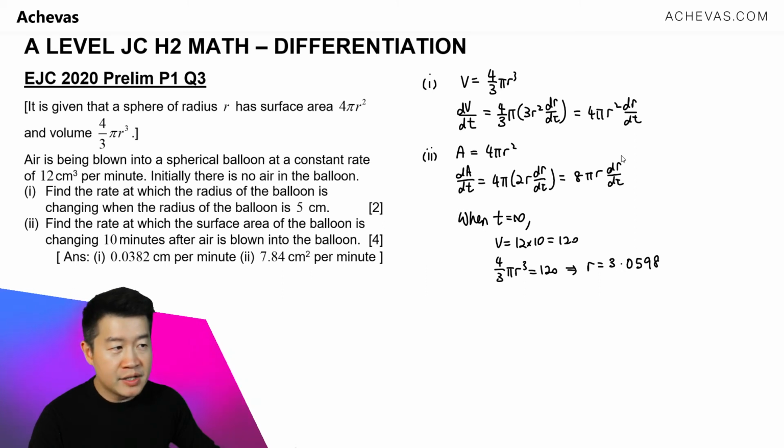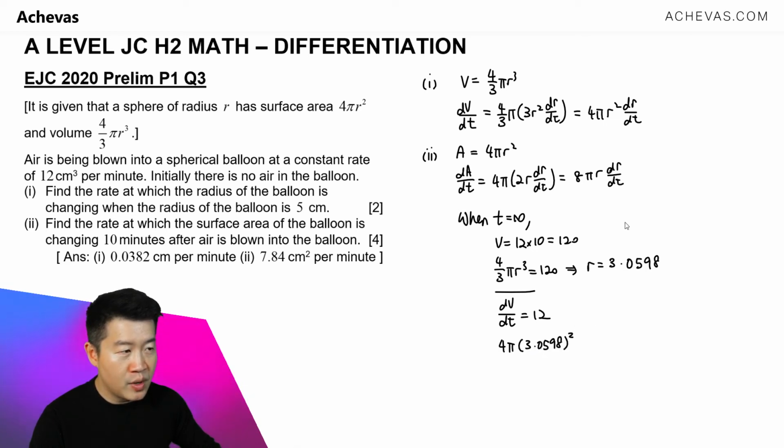So we have r, and next what we need is dr/dt. And I'm going to make use of the rate of change equation for the volume that we have derived in part 1. Because once again, we know that dV/dt is a constant rate of 12. So dV/dt, which is this 4πr², and when t is equal to 10, r is equal to 3.0598.